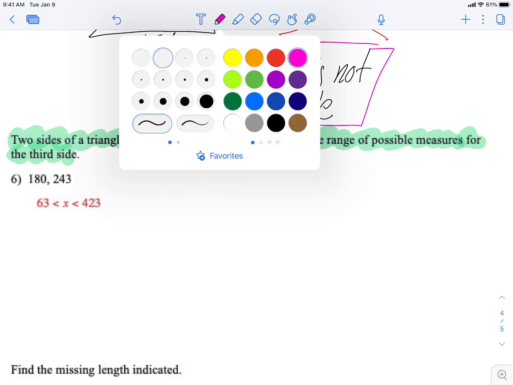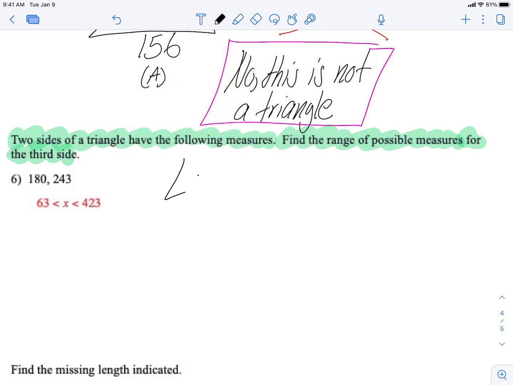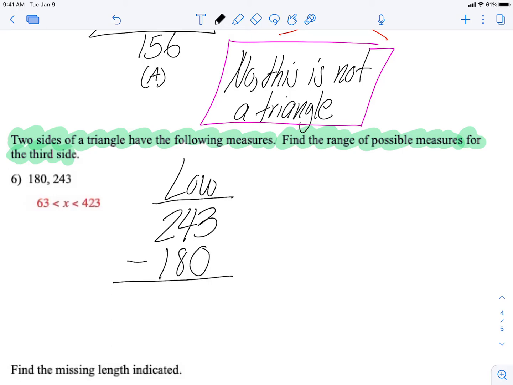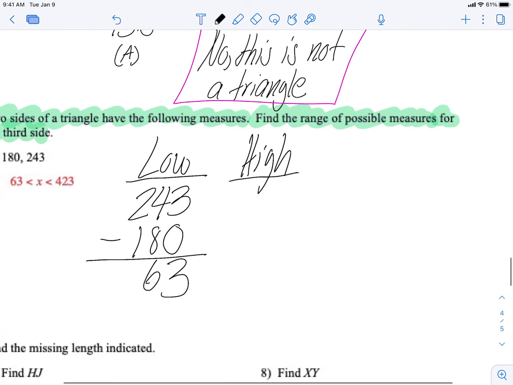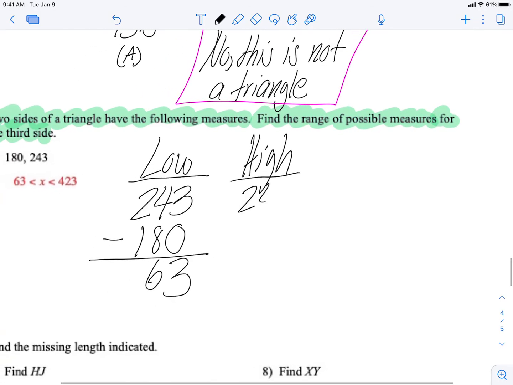So to find the low, we take the bigger number minus the smaller number. 243 minus 180. And that'll give us 63. To find the high, you guys probably already got it. Since we subtracted to find the low, to find the high, we're going to add.